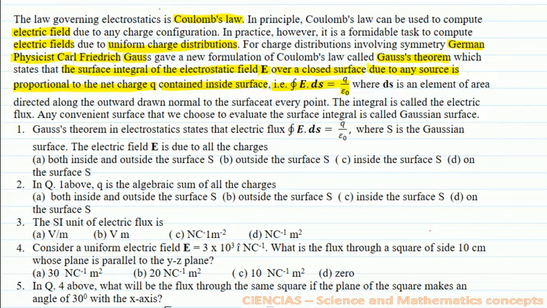The integral is called the electric flux. Any convenient surface that we choose to evaluate the surface integral is called Gaussian surface.